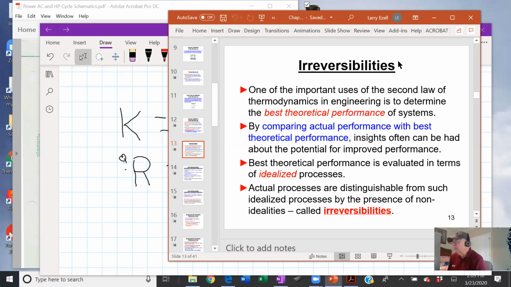One of the most important uses of the second law of thermodynamics in engineering is to determine the best theoretical performance of systems. And as you'll see, we do that with the Carnot efficiency.